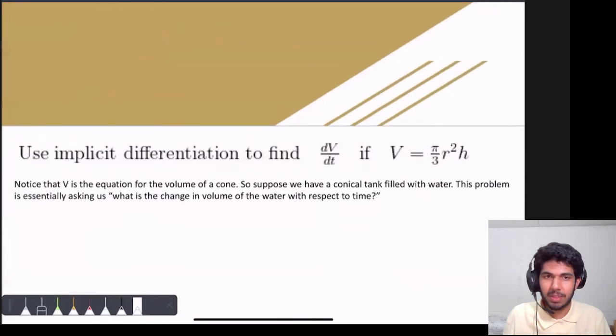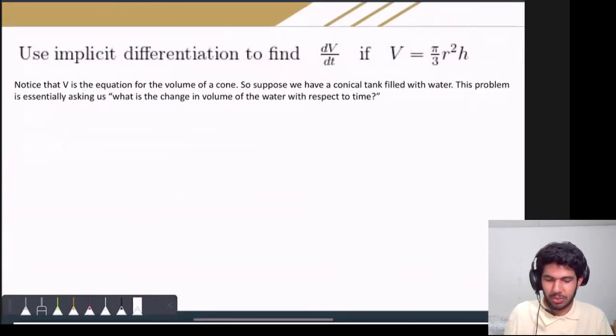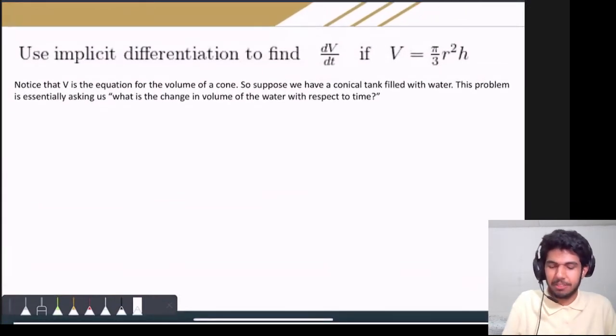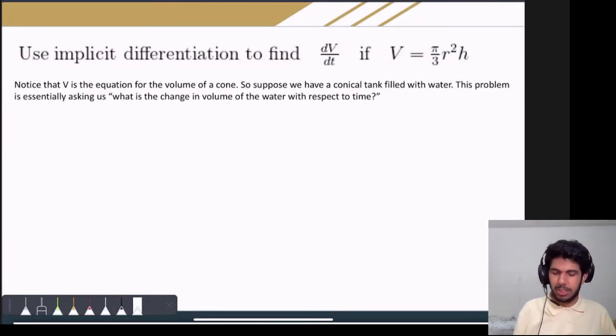So here's what we're going to do. We need to use implicit differentiation to find dV/dt if V equals pi over 3 r squared h. So we're going to start out with a problem, and then we'll get more into it. This equation for V is in fact the volume of a cone, 1/3 pi r squared h. Hopefully you're familiar with that.